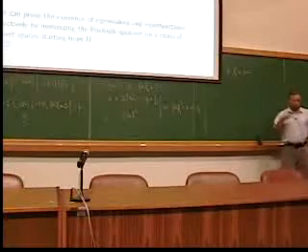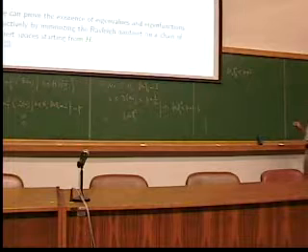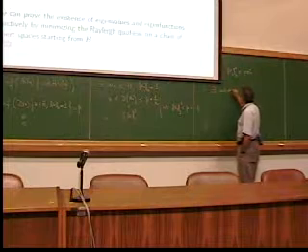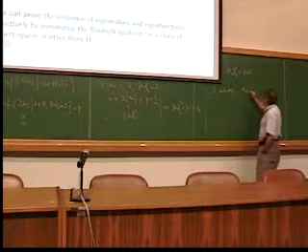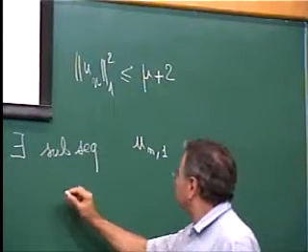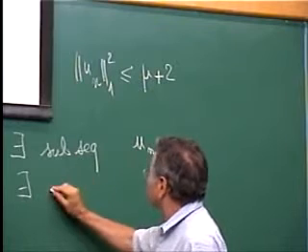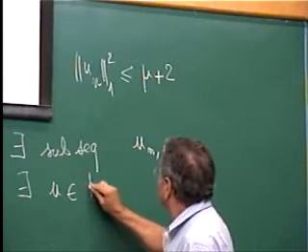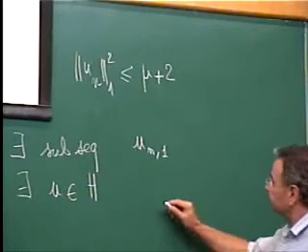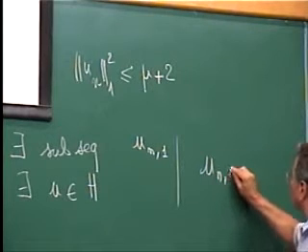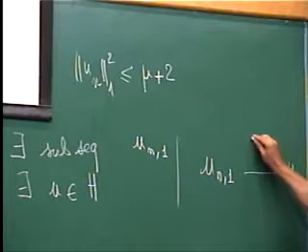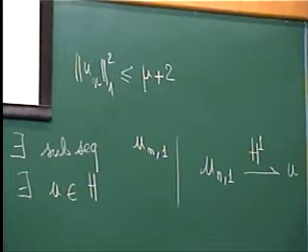And so you have to use some functional analysis which tells you that there exists a subsequence, which I will denote u_{n,1}, and there exists some, let me call it u in H, such that u_{n,1} converges weakly in the H1 topology.